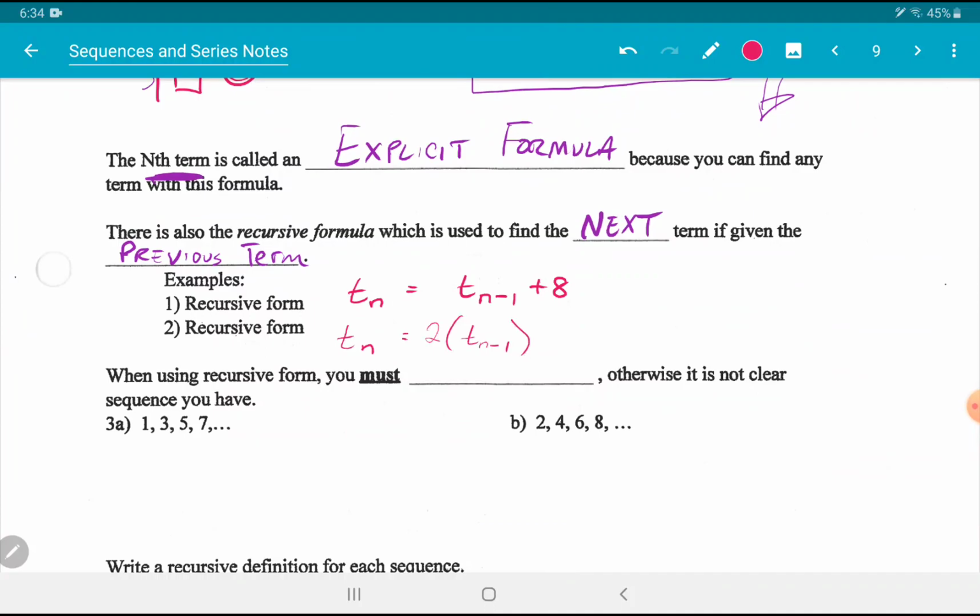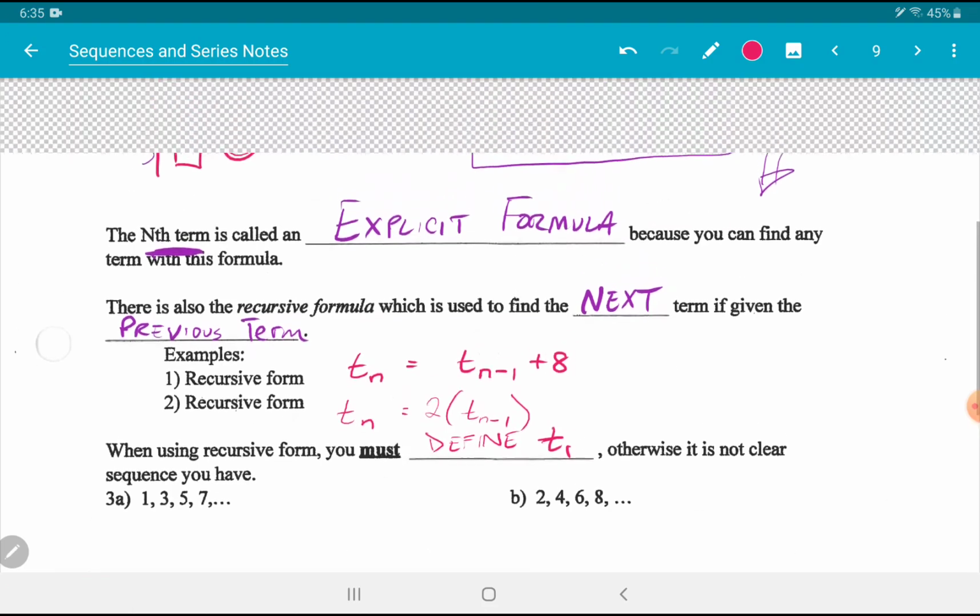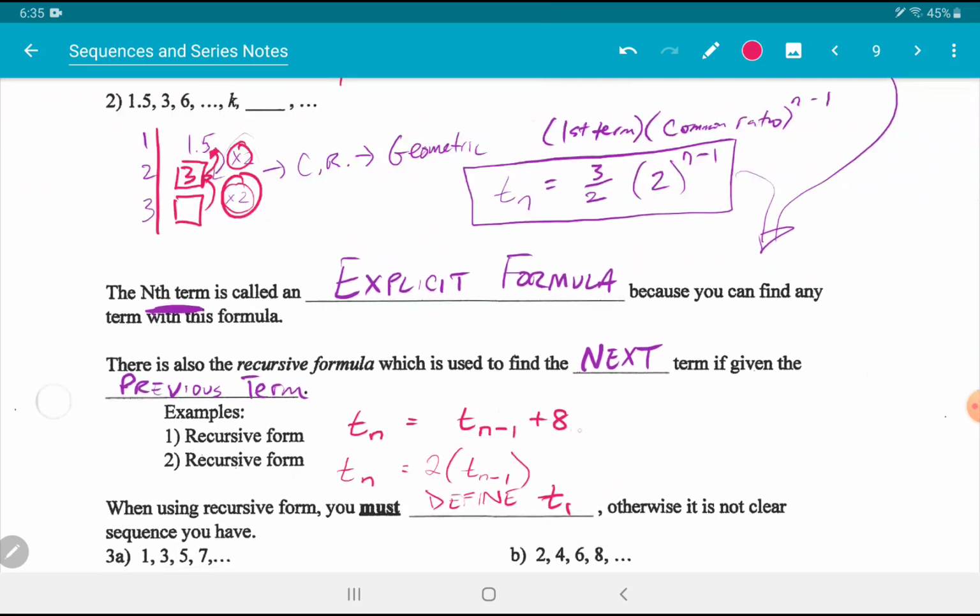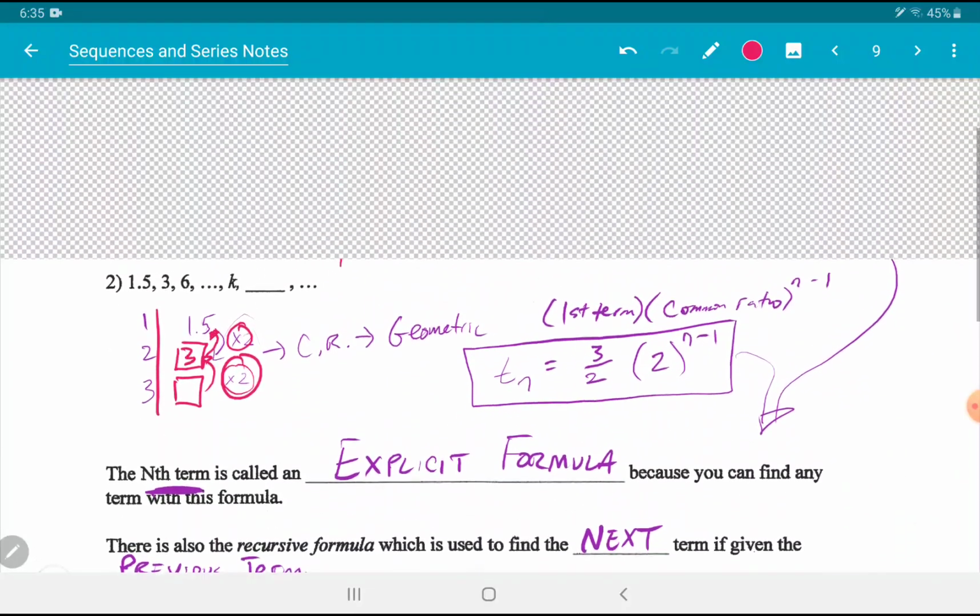That's the recursive formula. So when using the recursive form, there's one caveat to this. You need to make sure you also define the t sub 1 value, the first value. If you don't define it, you might actually just get a completely different sequence, which means up above, if I had this formula, I need to also say that t sub 1 was the value of, what was my first term?